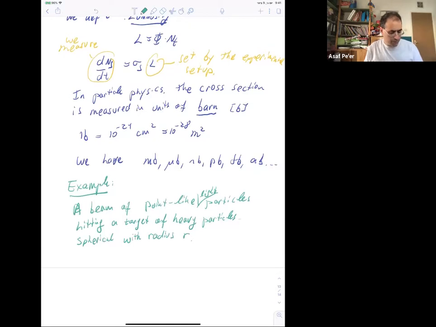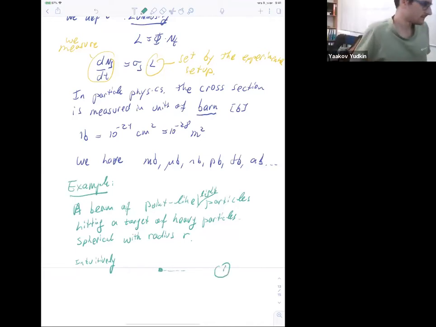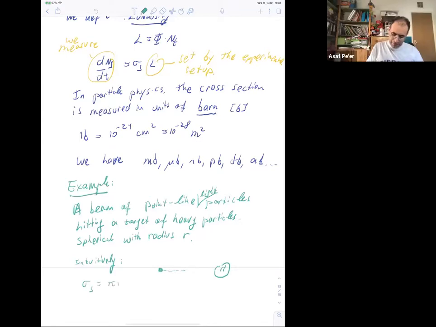A scattering process happens if one of the beam particles actually hits the target. So what is the cross section here? We have a point-like particle and a target, so the cross section is simply pi r squared.